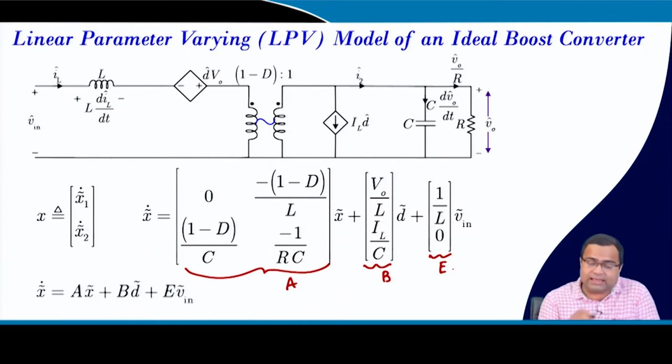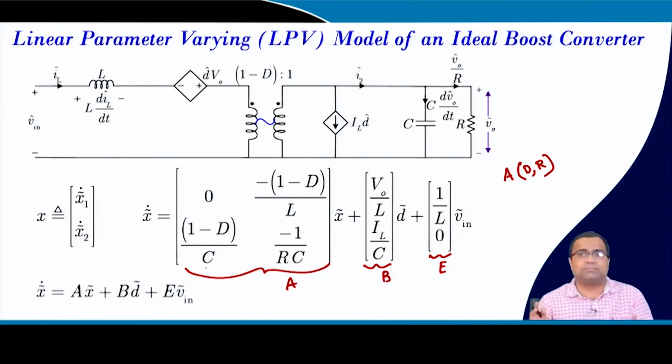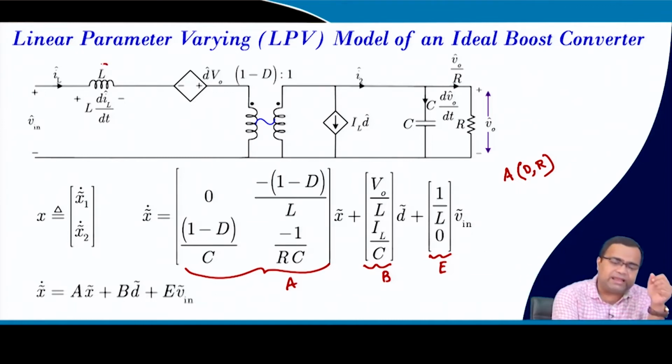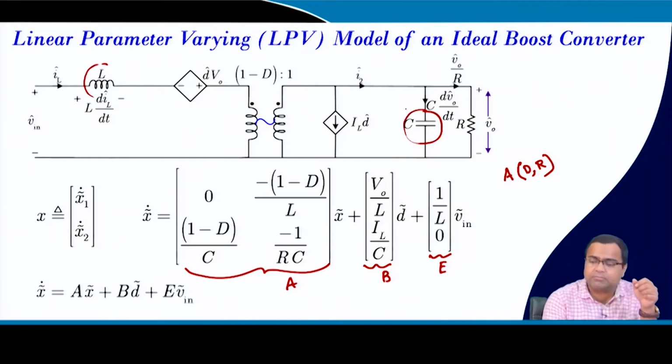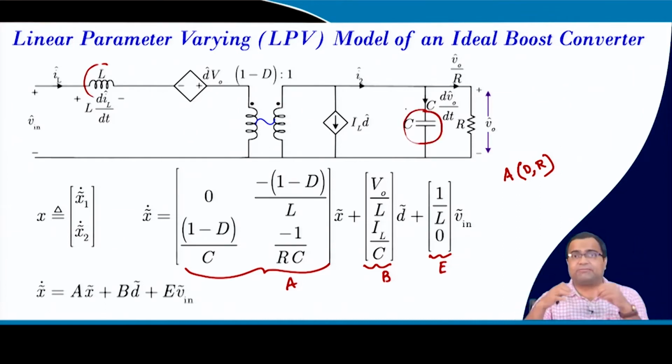Now, you will see the A matrix has information of the duty ratio and the load resistance, and L and C are the system parameters which are generally fixed during the design process. That means we generally do not vary the inductor or capacitor, but in a practical circuit there can be variation of inductance and capacitance, because the inductance comes from the magnetic BH curve.